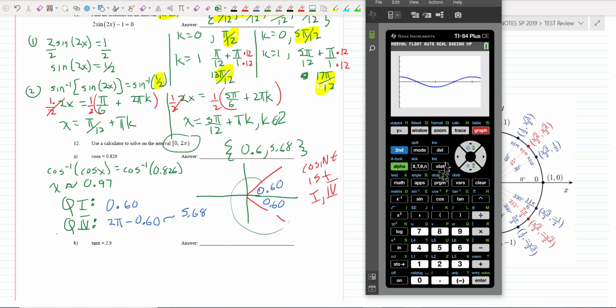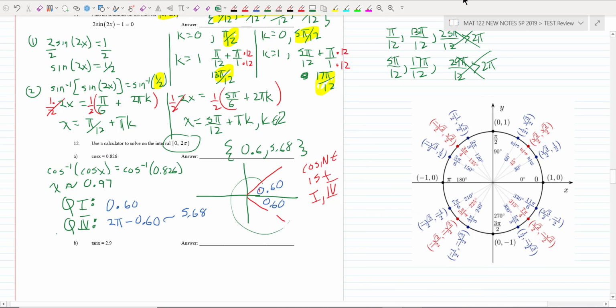If you trace at 0.6, the original problem was 0.826, so this is close to 0.826. We rounded on that, and that's okay. The other answer was 5.68 radians, so that should give about the same. Since we rounded, we're fairly close. So that's how you would check the answer on that.